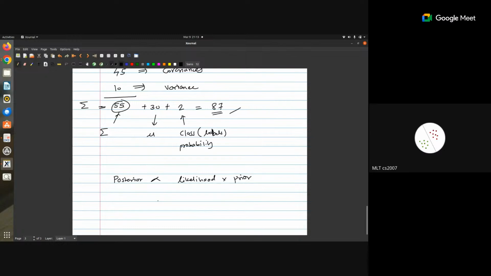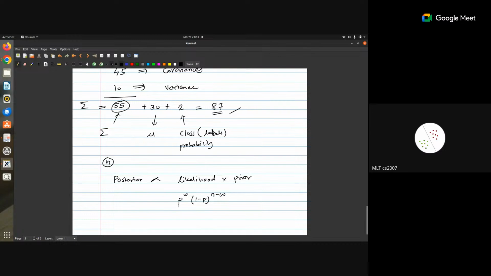So if I take the simple Bernoulli distribution, what will be its likelihood? p to the power w, and let's say a total of n examples are there, and p to the power w is the number of ones in the sample, into 1 minus p to the power n minus w.